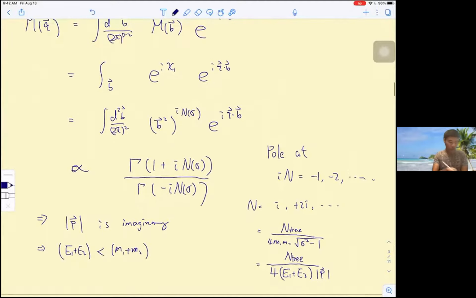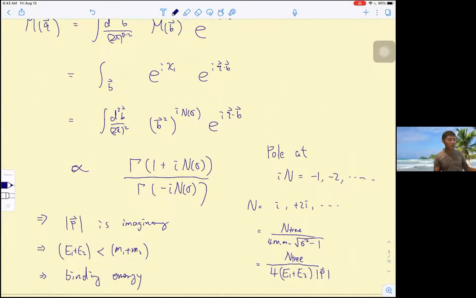So what's the interpretation of this pole after we sum this entire set of diagrams? The result turns out to be that this pole of course corresponds to the binding energy of this two-particle bound state.